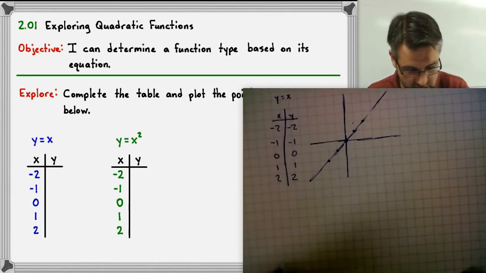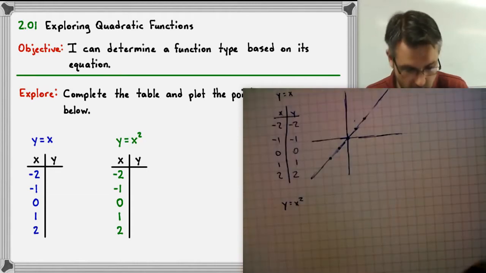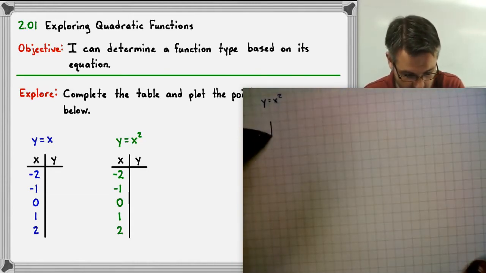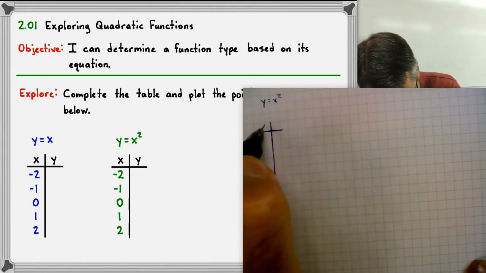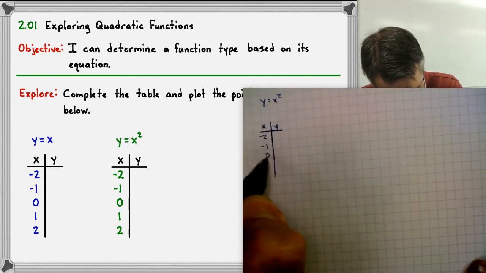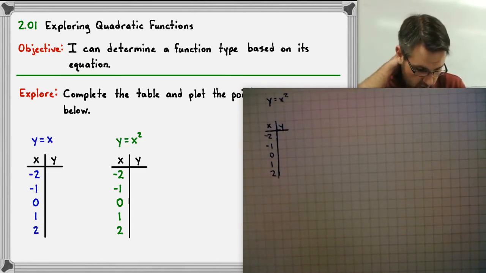Now, let's transition into the quadratic functions, where we have y equals x squared. If I were to create this table, x and y, with -2, -1, 0, 1, and 2, I'm going to show some work here because I want to be very careful.